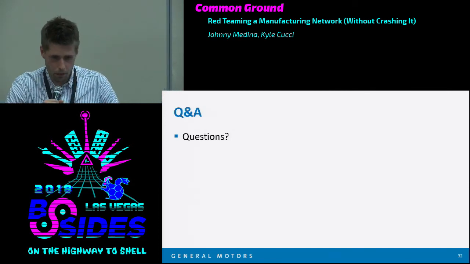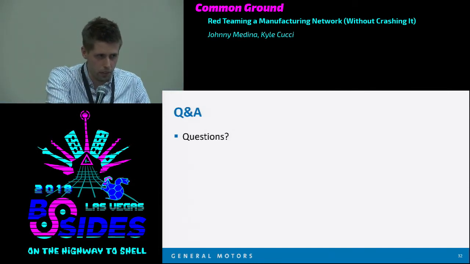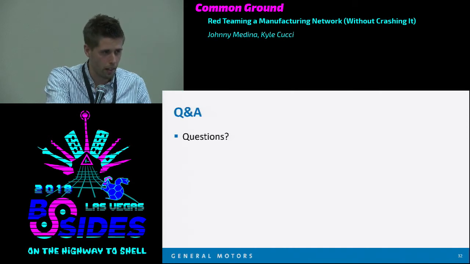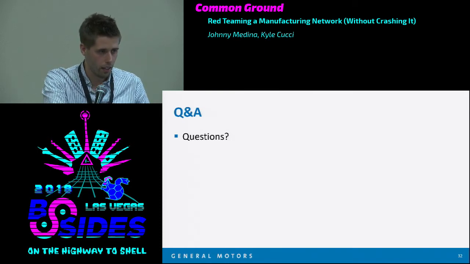Yeah, so let's see. I would say Wireshark has been the primary tool, but Wireshark has a lot of awesome plugins for ICS and for manufacturing. There's a plugin for most protocols in manufacturing and ICS.